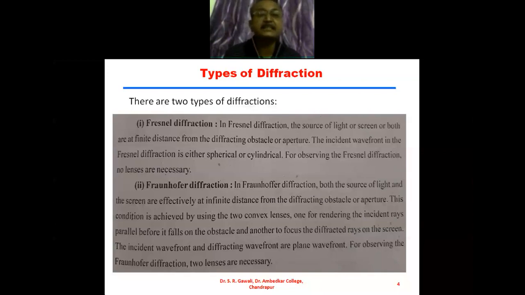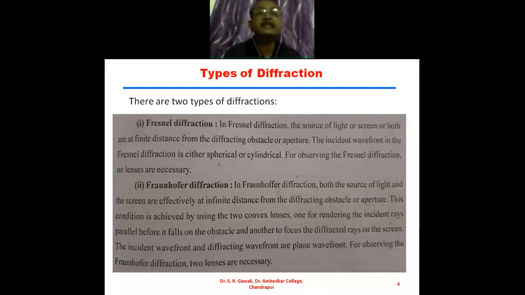This condition is achieved by using two convex lenses, one to make the incident rays parallel before they fall, and another to focus the diffracted parallel rays of light on the screen. The incident wavefront is a plane wavefront in the Fraunhofer class of diffraction, and for observing Fraunhofer diffraction, two lenses are necessary.